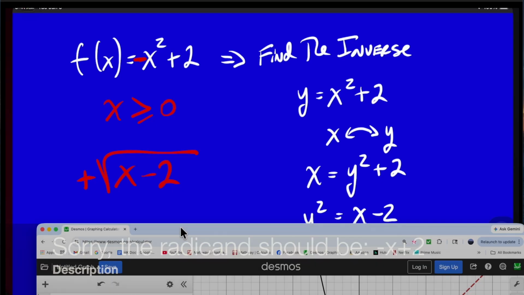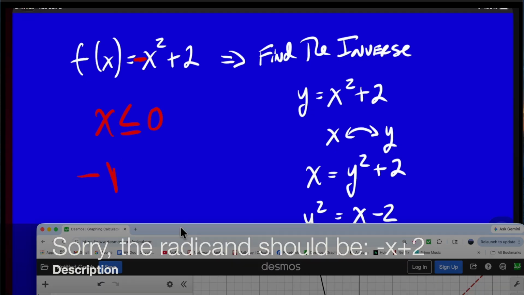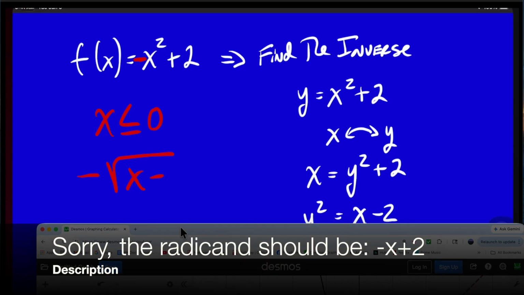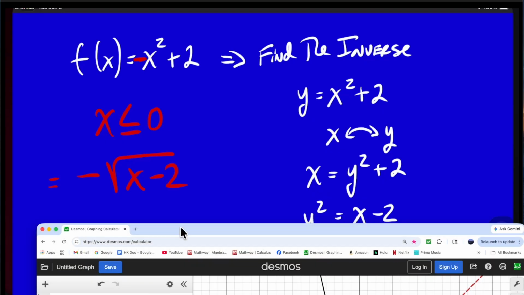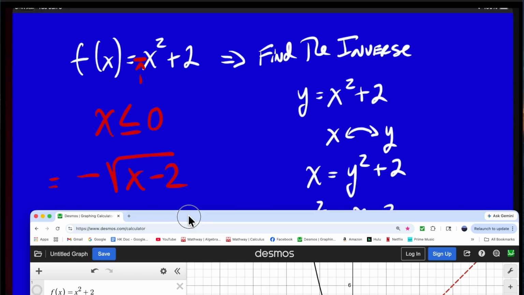If you limit that domain to where x is less than or equal to 0, where x is negative, then you're going to use the negative version of the inverse function despite the fact that there's a negative in front. And for the remainder of the video, I'm going to show you the intuition as to why this holds true.